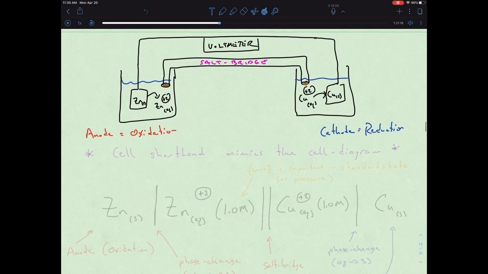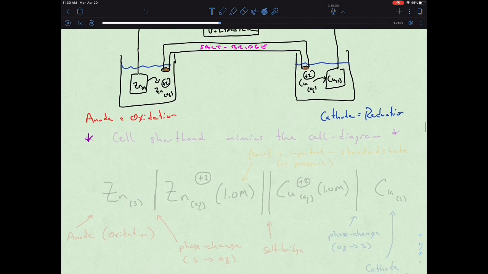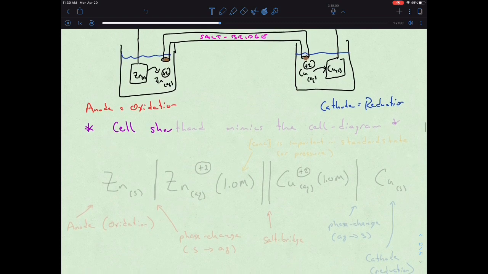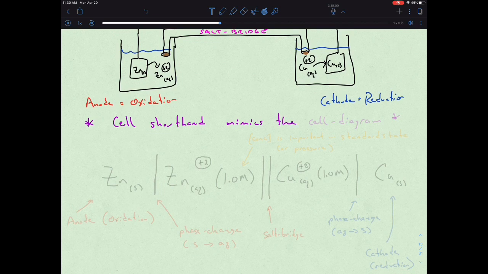Maybe not completely necessary for all, but the idea of cell shorthand is it really mimics the cell, or the cell diagram. So we would write it much in this way, where we would show zinc as a solid. That is our anode, right?